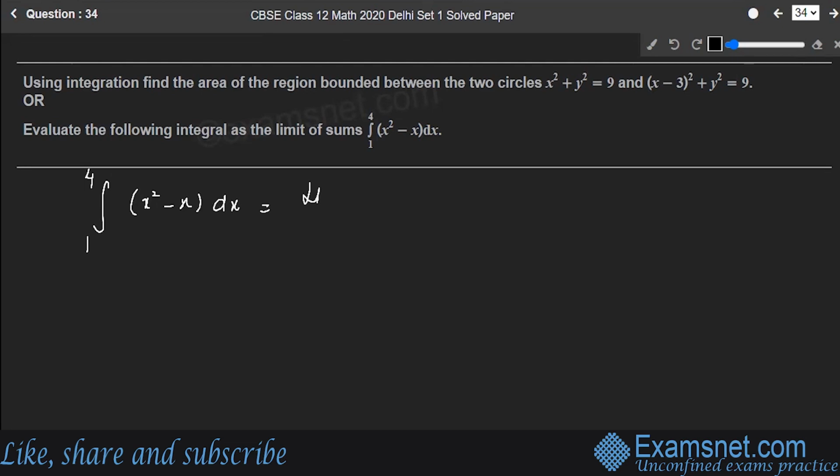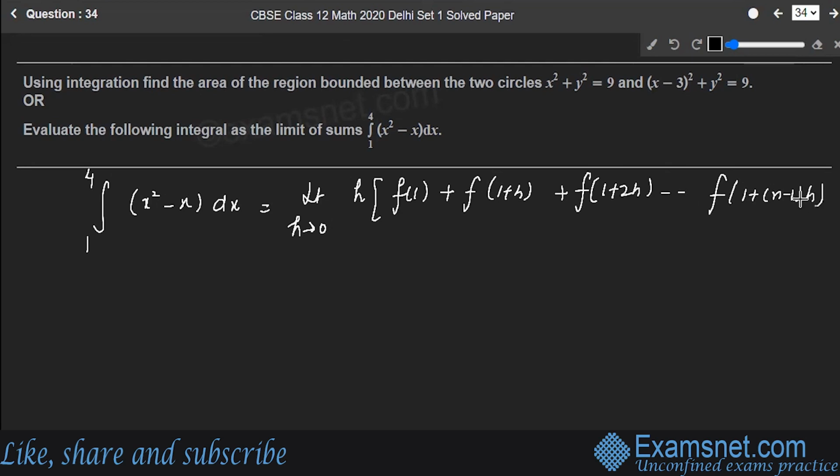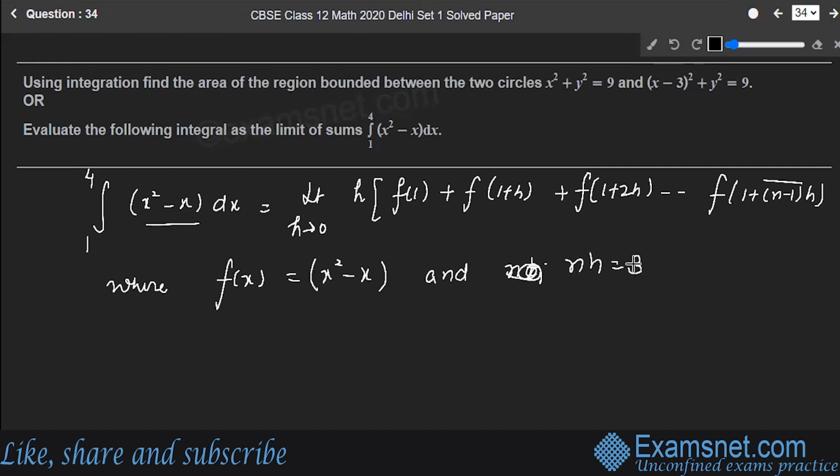This is equal to limit h approaching 0, h into f of 1 plus f of 1 plus h, f of 1 plus 2h, up to f of 1 plus n minus 1 into h, where f of x is equal to x square minus x, and nh is equal to 3.